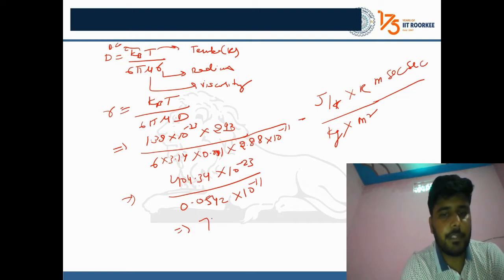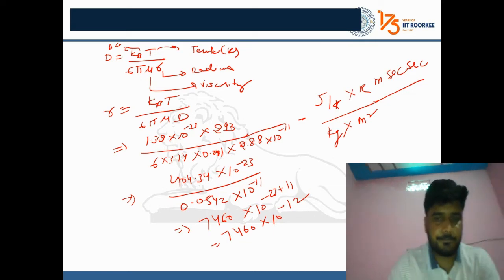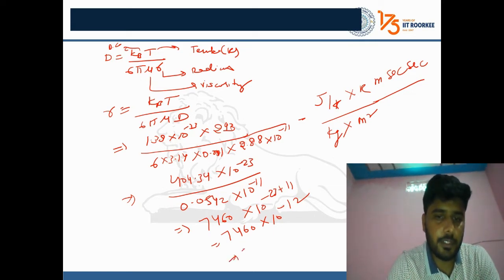That will be 7460 × 10^(-23+11), so 7460 × 10^-12, or 7.460 × 10^-9.